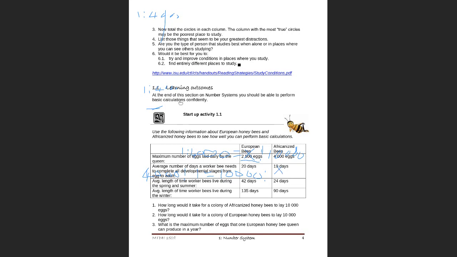Then you simply say, and ratio is division. So 4,000 all over 1 equals 10,000 all over x. Then you simply change your subject. So x is going to be equal to 10,000 all over 4,000.